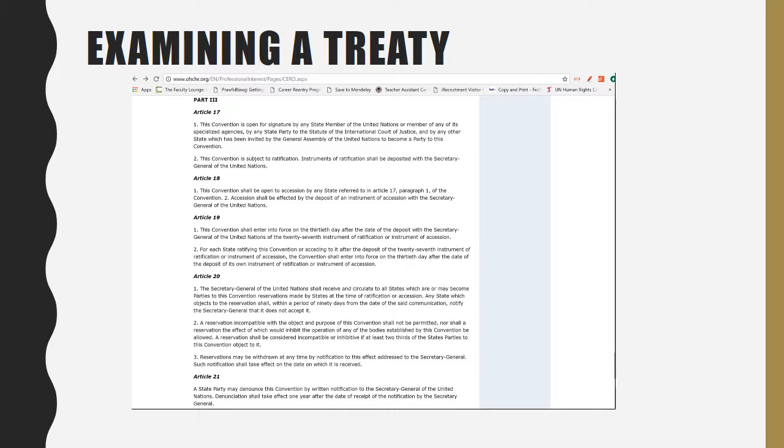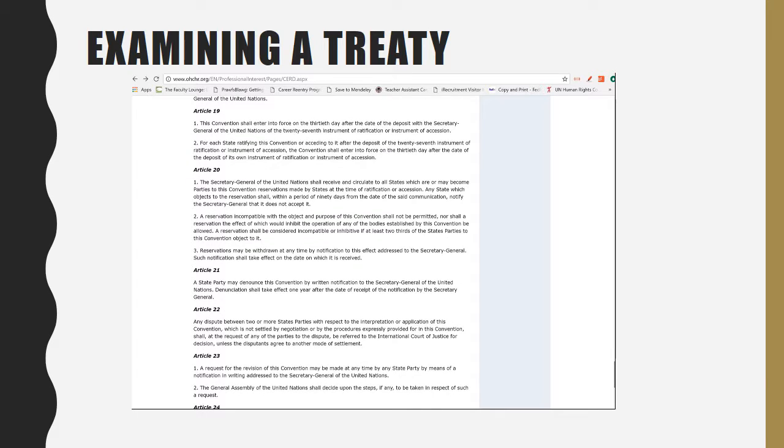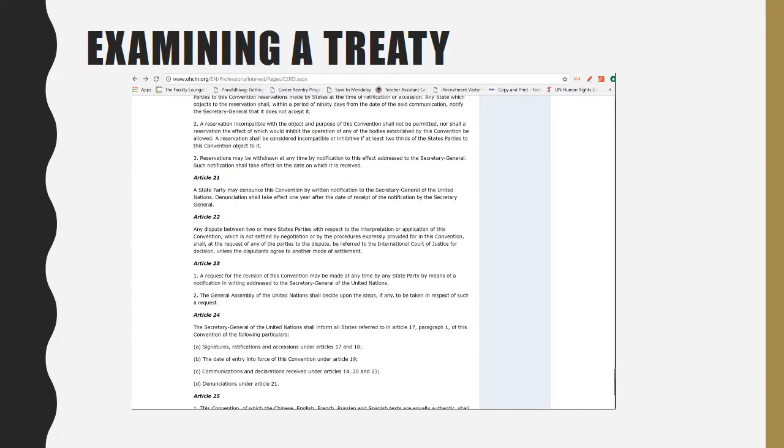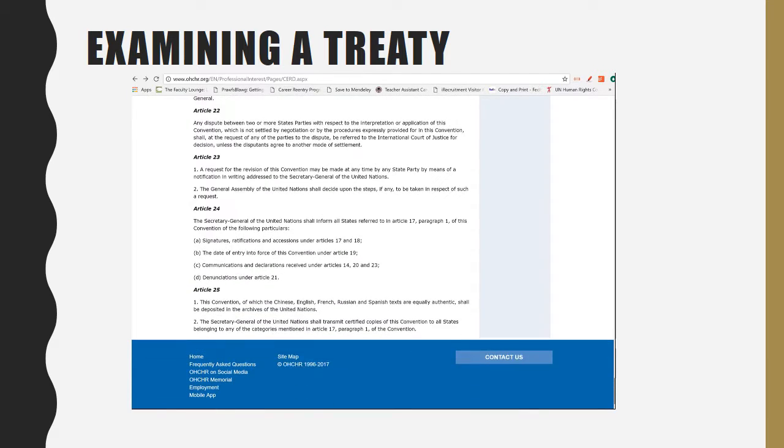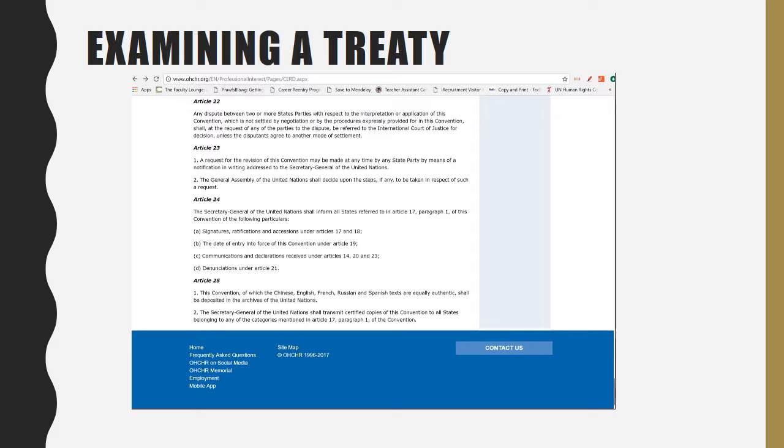So it seems to be discussing how to become a party, how to sign on, how to accede to the treaty, etc. And this, again, is important in that it gives us information about the administrative portions of the treaty and how it's carried out. And that's the end of our treaty.